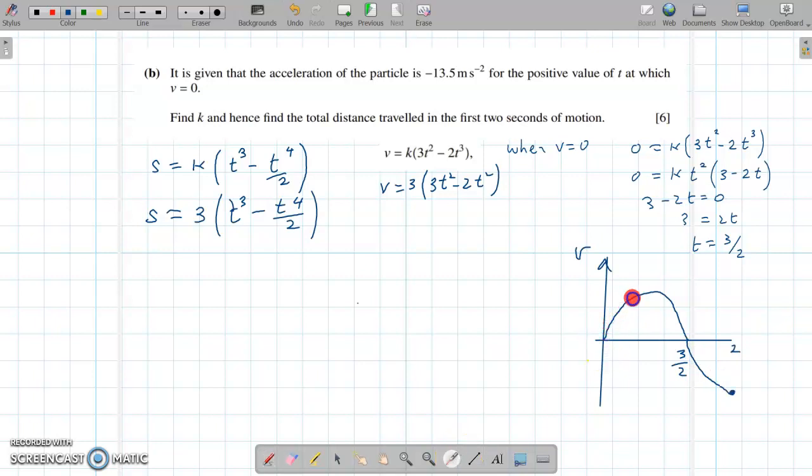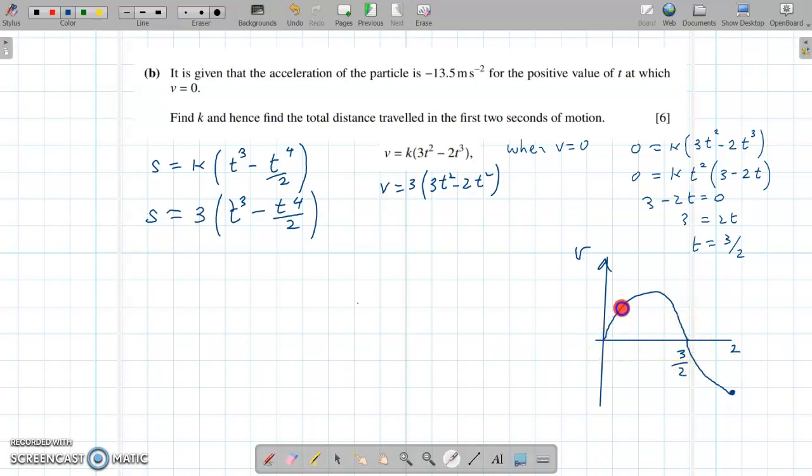This displacement is positive, the area under the graph is positive, and this displacement, the area under the graph, is negative. If we work out the total displacement, we'd have this minus this, but we don't want that, because distance is a modulus and always positive.